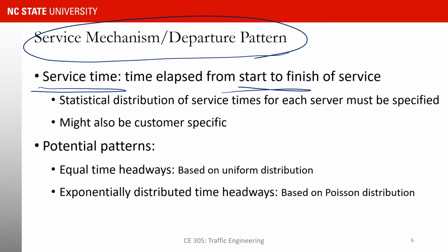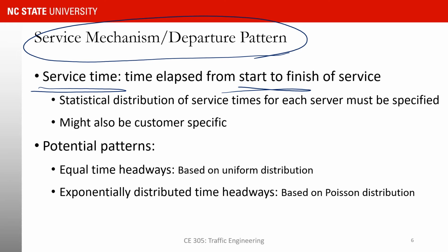So this time could follow a distribution or could be fixed. Also, it could be different based on the customer that you have. If you have, let's say, a small passenger car, the wash time may be different than a large SUV. We can also have departure patterns, equal time headways based on uniform distribution, or you can have exponential distribution time headway.